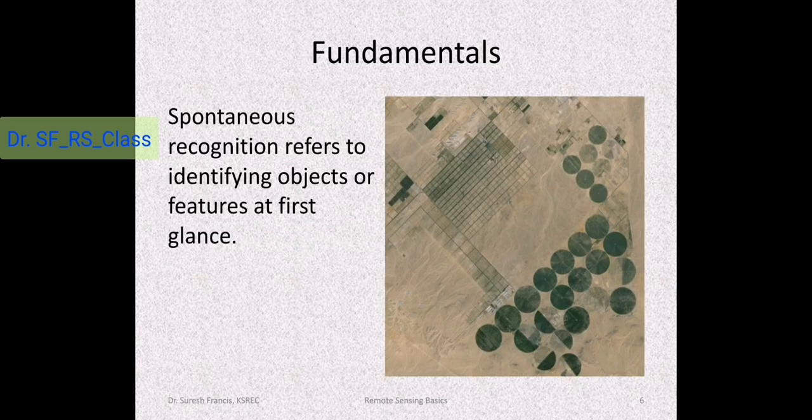Suppose we see an image like this, we can suddenly recognize these are all circular forms in the Middle East area. So it's a spontaneous recognition, identifying objects and features at first glance.